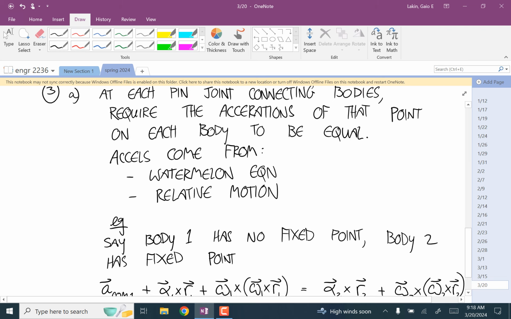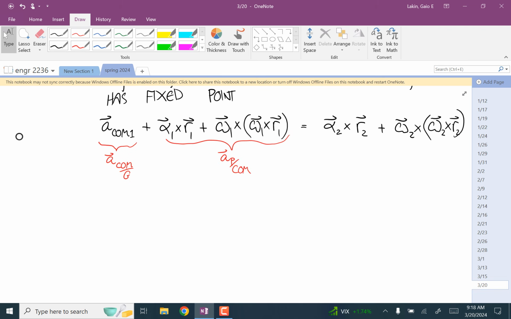Okay, there's one other kind of joint constraint that we'll sometimes have to do.